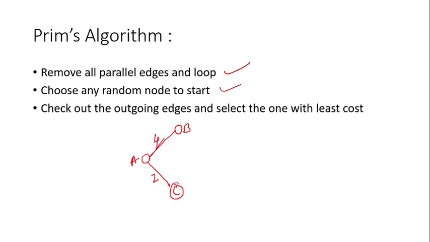Obviously you will choose the smaller one, and there is no harm choosing any vertex to start, as you can choose randomly. But when you reach B, you have to start from B, and you also have to check the edges incident upon A as well.